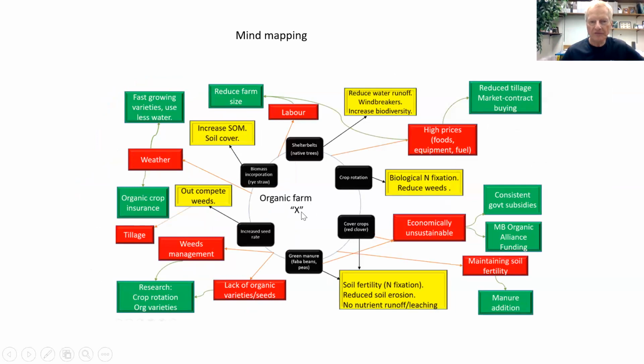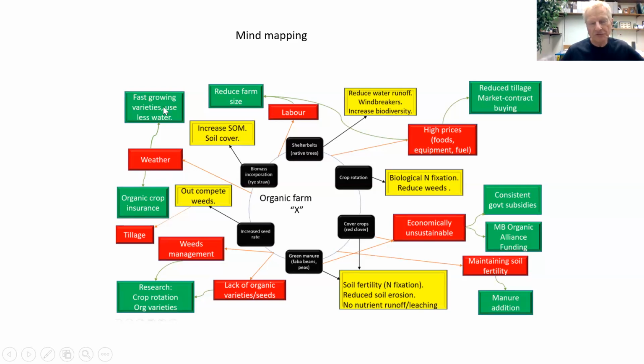This is Organic Farm X. And this student has looked at the different components of that farm, the crop rotation, the cover crops, the biomass incorporation, shelter belts, and then looked at different connections. So the increased seeding rate is used to outcompete weeds. Weather affects organic crop insurance.